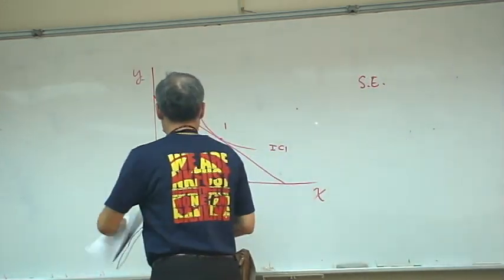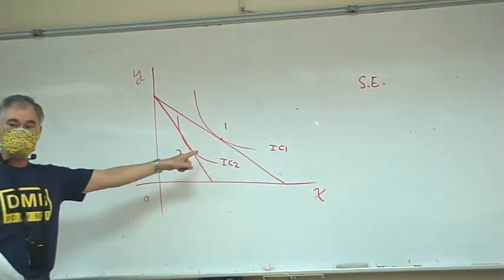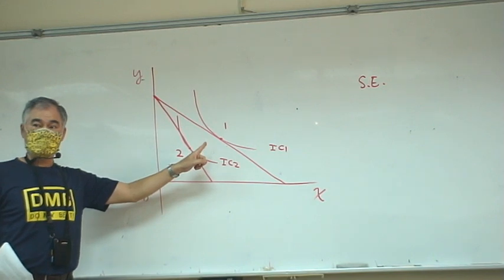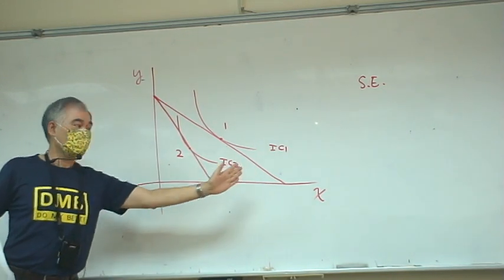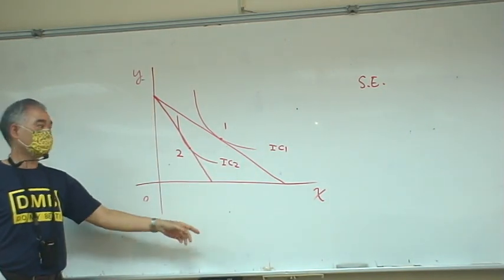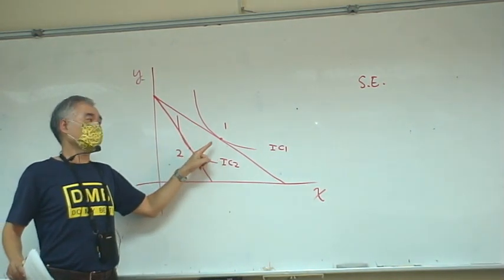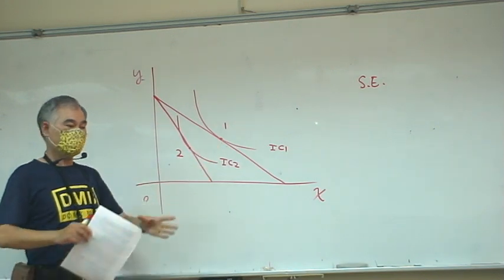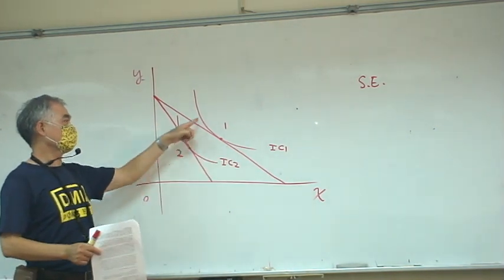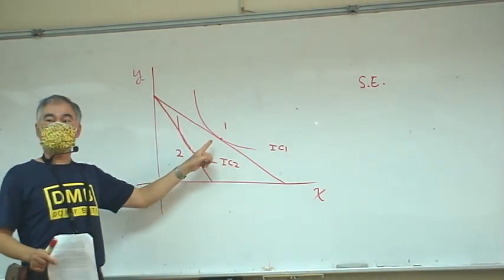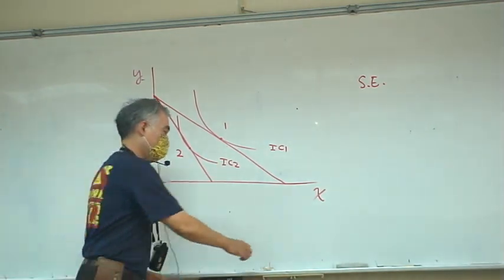So we want to compare point 1. This is the old price, and this is the new price. So we have to find a point that is at the same income level as 1. And so here is the indifference curve. But the price has to be different.